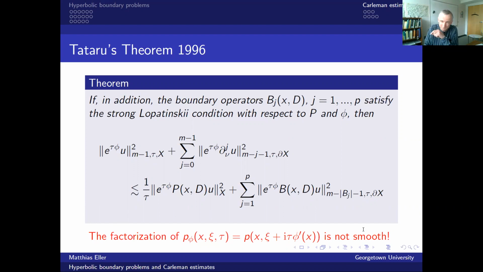On the other hand, one should also say the rank condition in the hyperbolic estimate is actually not necessary for the estimate, it's necessary for existence, so that everything is in balance. Here, you can, of course, always afford to throw in more boundary operators because you just care about the estimate and uniqueness.